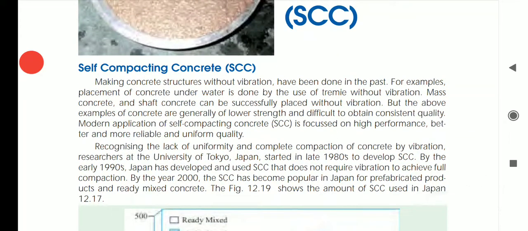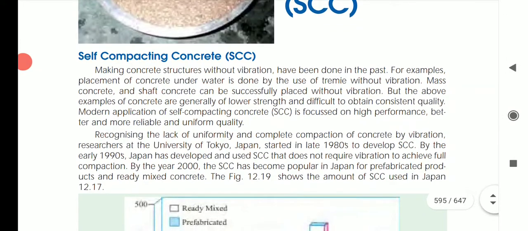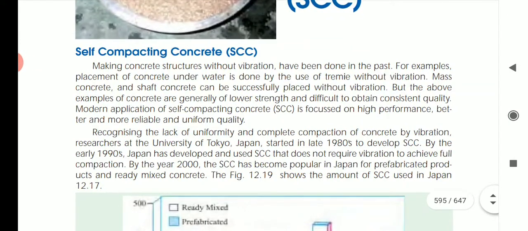Making concrete structure without vibration has been done in the past. For example, placement of concrete under water is done by use of tremie without vibration. Mass concrete and shaft concrete can be successfully placed without vibration, but the above examples of concrete are generally of a lower strength and difficult to obtain a consistent quality.